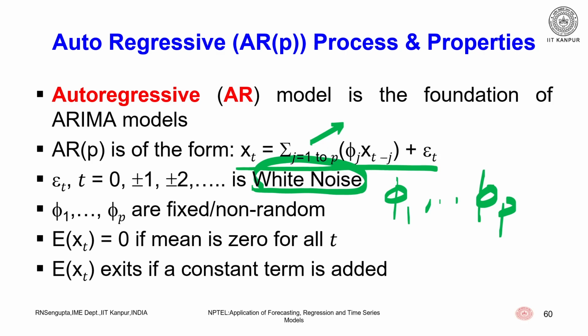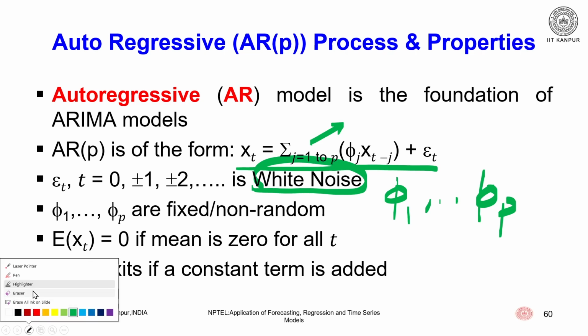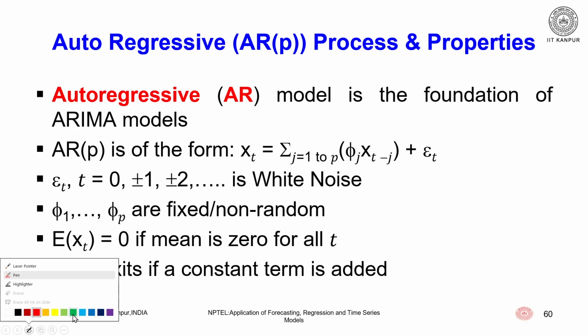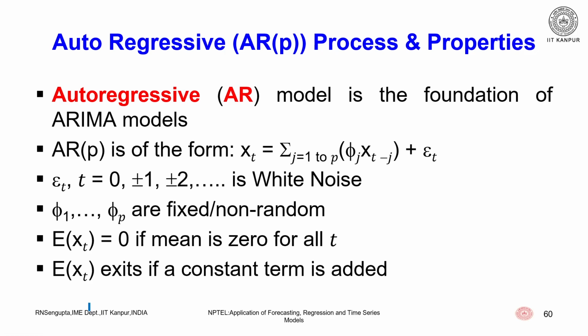In case we have the equation for the auto-regressive process with parameter p, I will write it down with a different color so it is easily visible to all of you. I will use the dark blue color. Here x t, which is already denoted, will be equal to c, a constant.